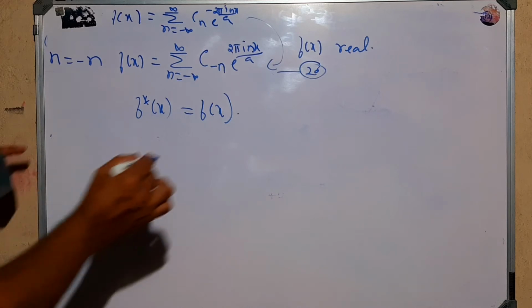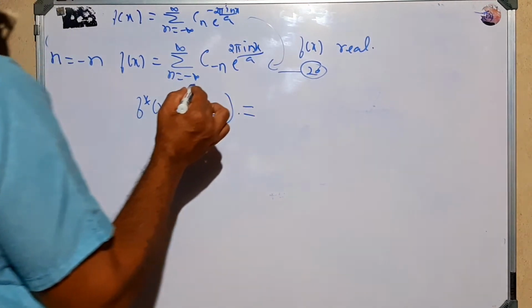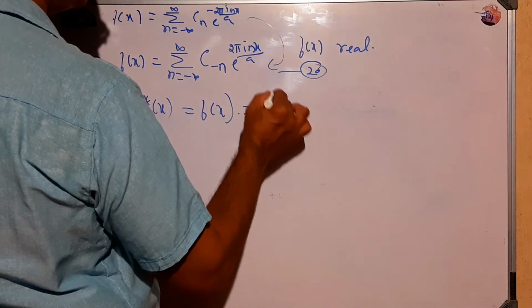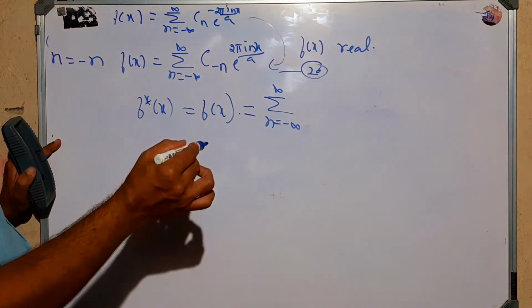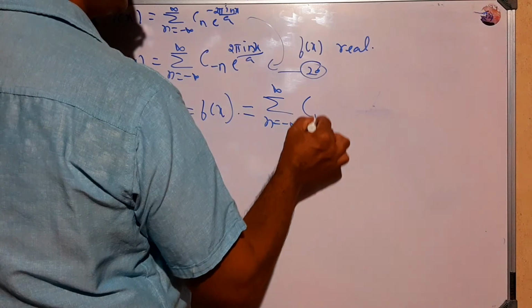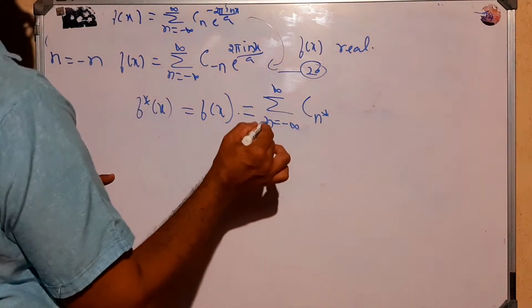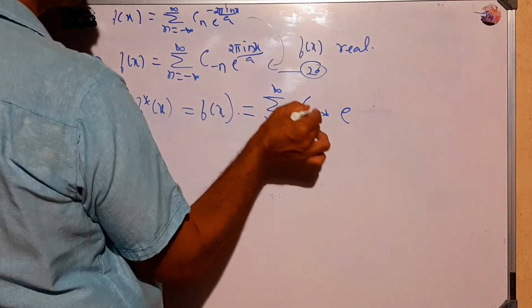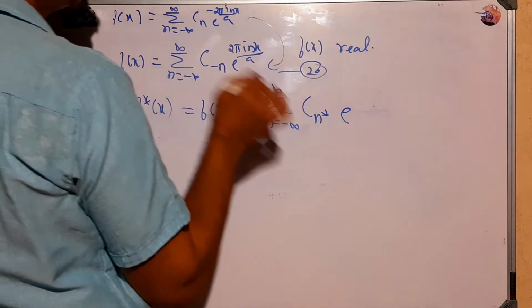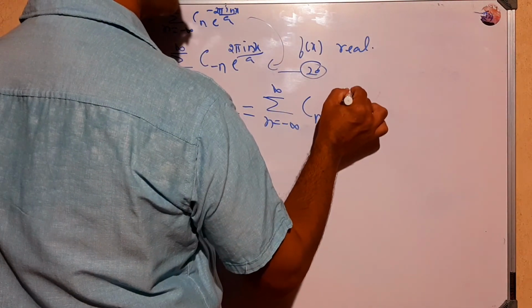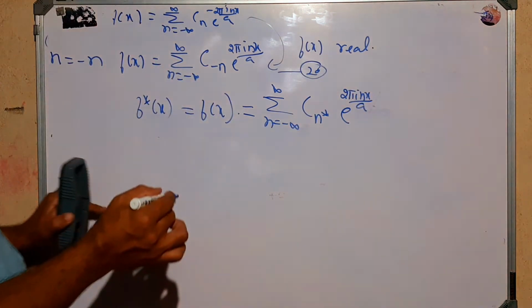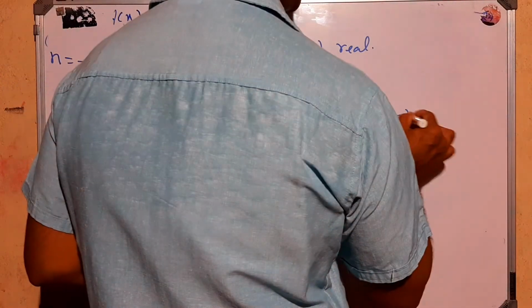Therefore, this is equal to sigma n equal to minus infinity to plus infinity cn star, where cn star is the complex conjugate of cn, into e to the power plus 2 pi inx by a. So this is equation number 21.